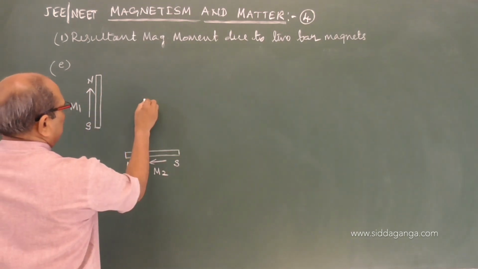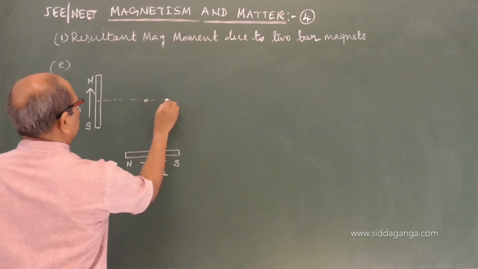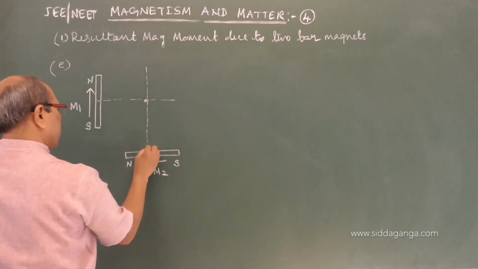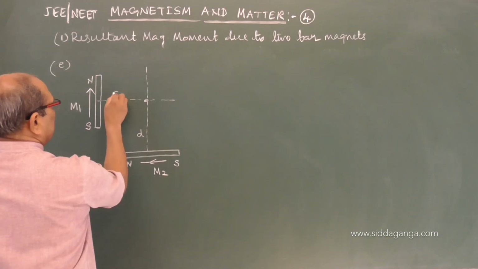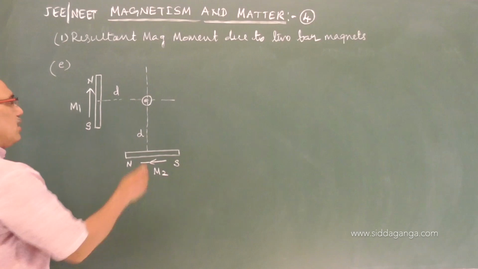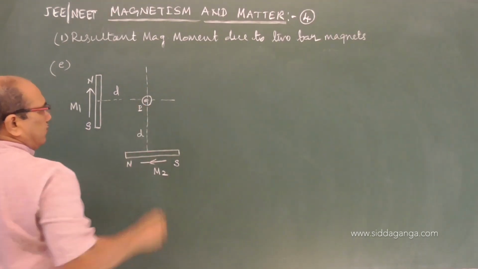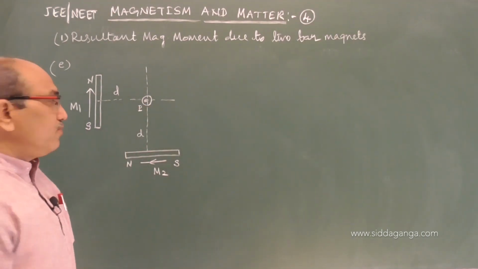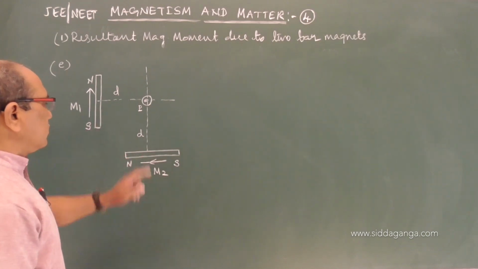Now the common point I consider at the same distance D, the point is P. What is the magnetic moment at P and the magnetic field due to 2 bar magnets?